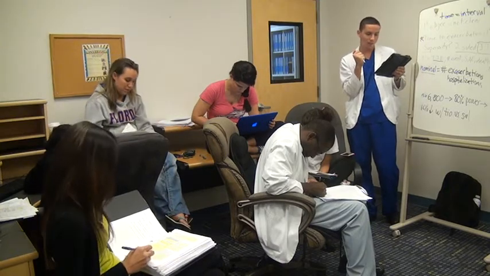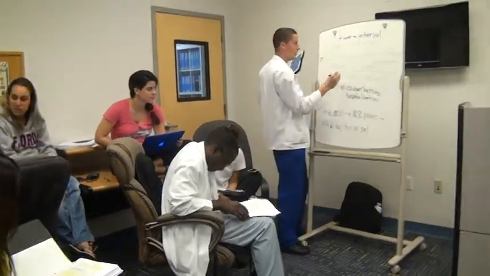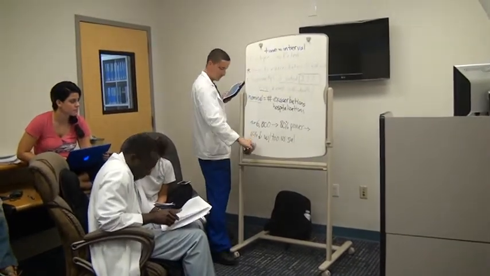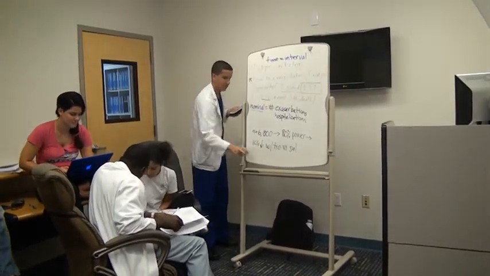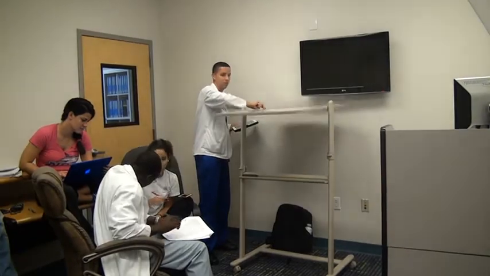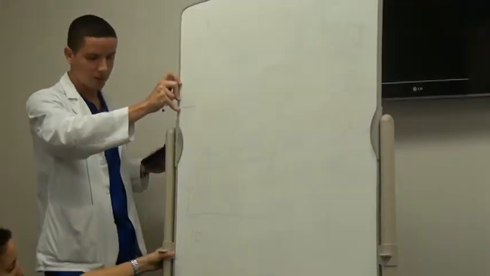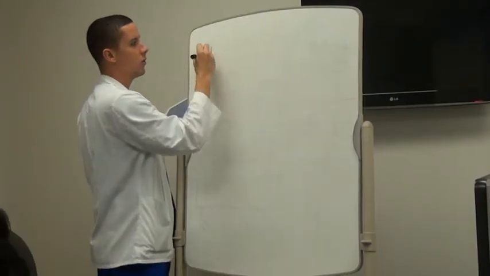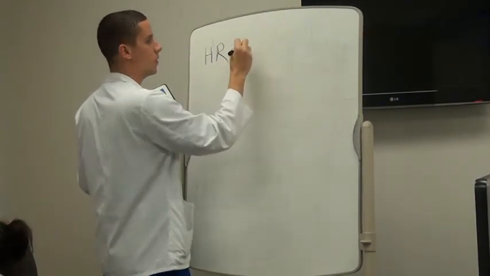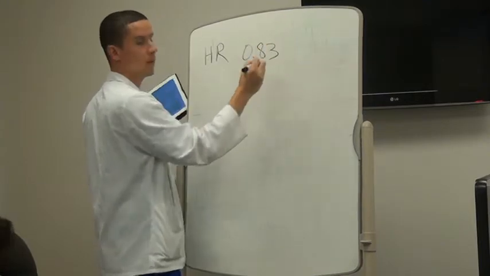Can you say that one more time? How about you draw it? All right. Here. Flip your board. It's 1 minus 0.83. Hazard ratio 0.83.